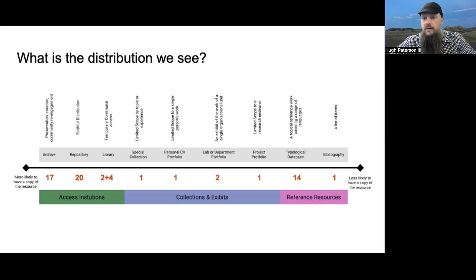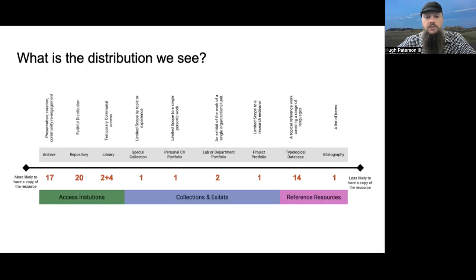I have here broken into this typology 17 archives. Of the 65 or so, 63 providers, we only have 2 academic libraries, 20 repositories and 14 typological databases. So we can see when we break apart the network this way that we have some types of things that are aggregated quite easily or really well, and others where there's room for growth.